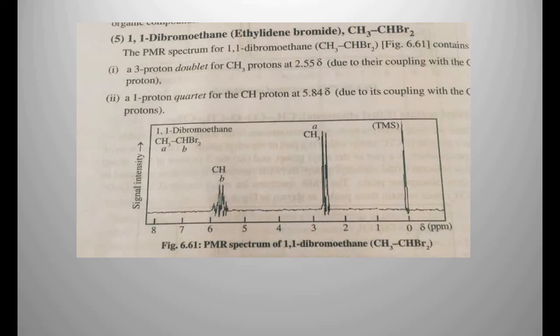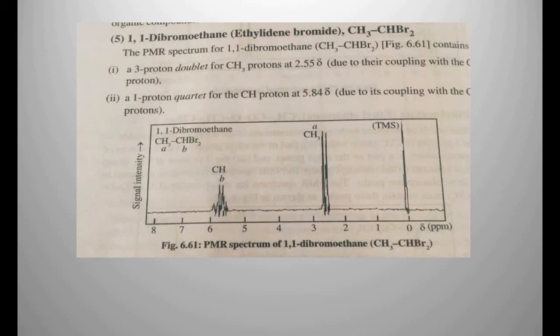We have first a 3 proton doublet for CH3. It has a doublet at 2.55 delta due to coupling with the neighboring CH.